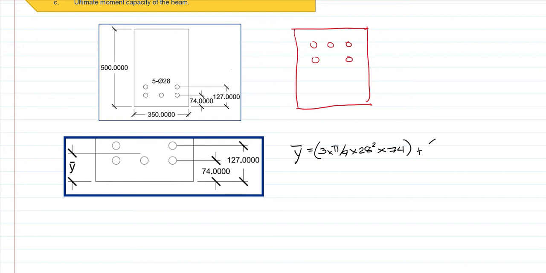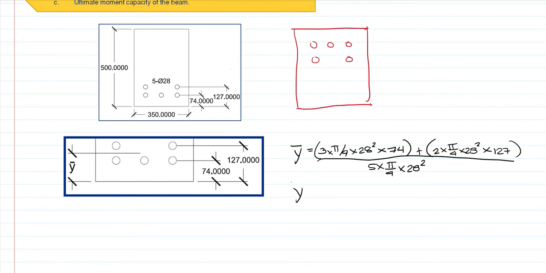Plus, syempre yung second layer natin may dalawang diameter 28 dun. So 2 times pi over 4 times 28 squared, times yung distance niya from the extreme tension fiber. So that is 127, divided by yung total area niya, which is 5 times pi over 4 times 28 squared.